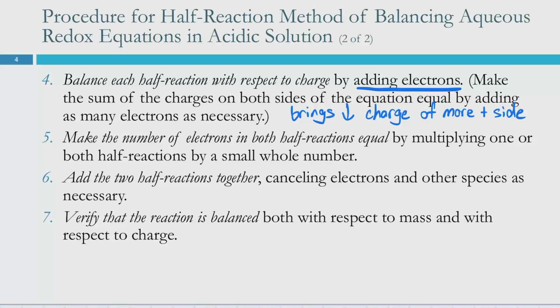Then, once we've got both of our half reactions balanced, we did them side by side. Once we've got both of those balanced with respect to mass and with respect to charge, then we need to make it so that the number of electrons are equal.